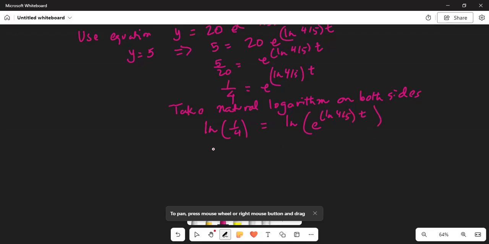Now, using the rule of natural logarithm, the exponent part comes in the front.